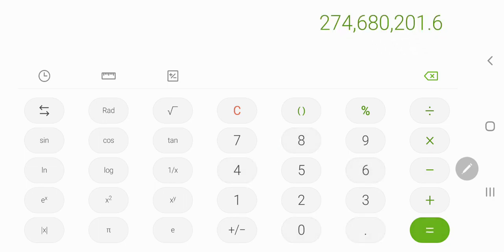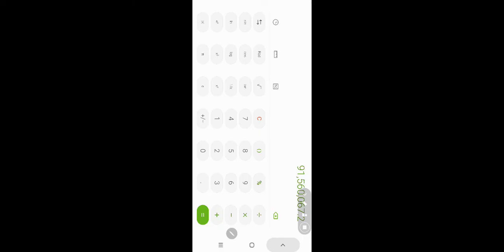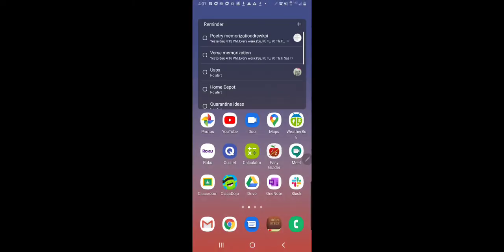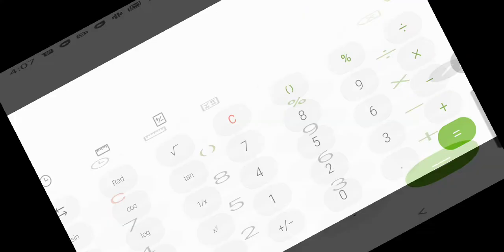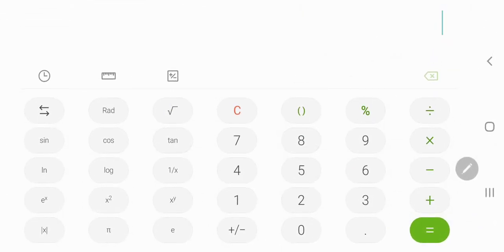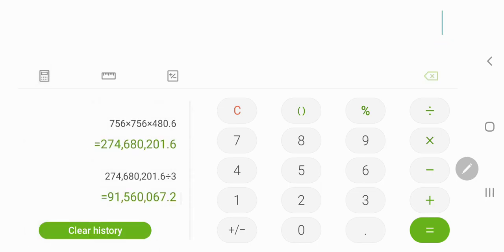Then we have to take 1/3 of that, which is the same as dividing by 3. I don't think I divided by 3 there. Oops. How do I look at my history? There it is, history.